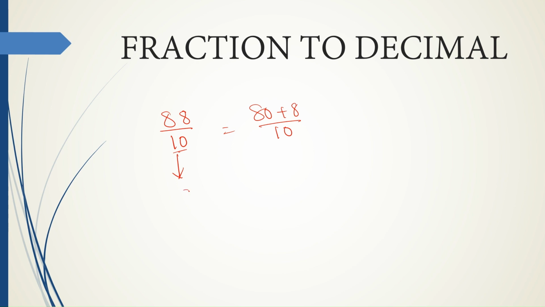Because of that, write the numerator as it is. Move one place towards the left, then keep the dot here. That is 8.8. 88 upon 10 can be written as 8.8. This gives the decimal part.